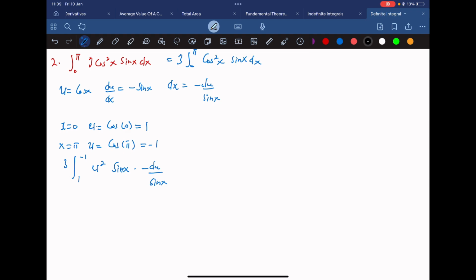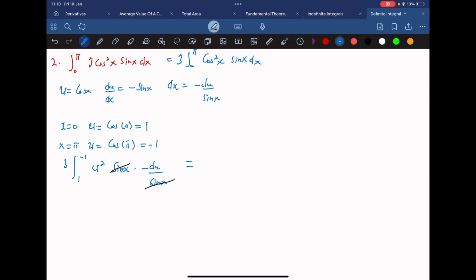So clearly over here sine of x cancels out sine of x. So this is equal to, remember this lower bound should be lesser than this, but in this case that's not the case. So what we have to do is to interchange the bounds.